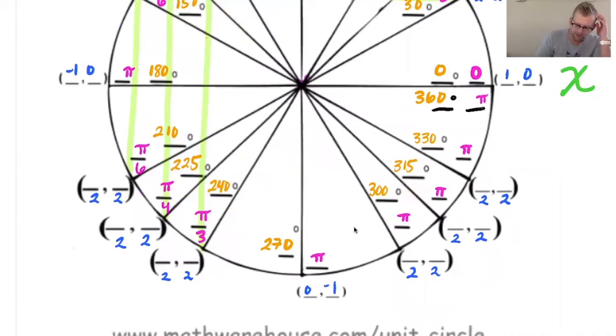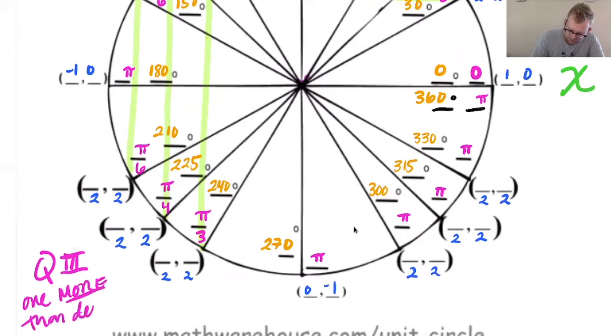In quadrant 3, the rule for the numerator is 1 more than the denominator. Okay, so 1 more than 6 is 7, 1 more than 4 is 5, and 1 more than 3 is 4.